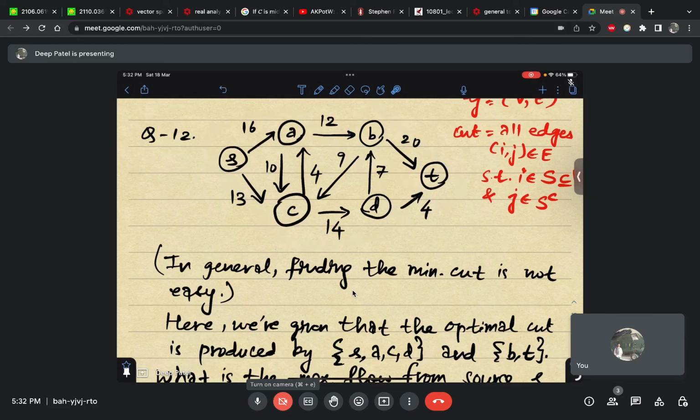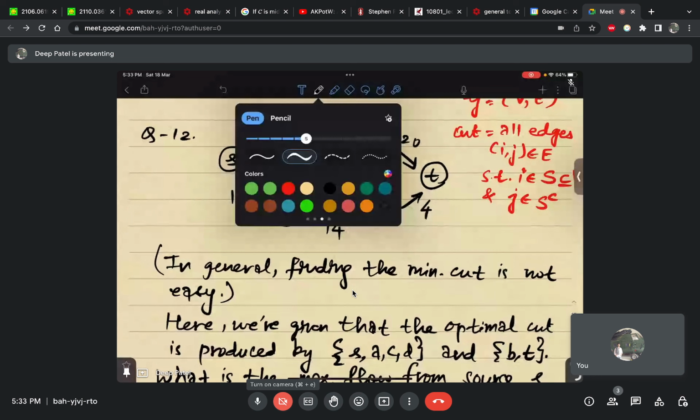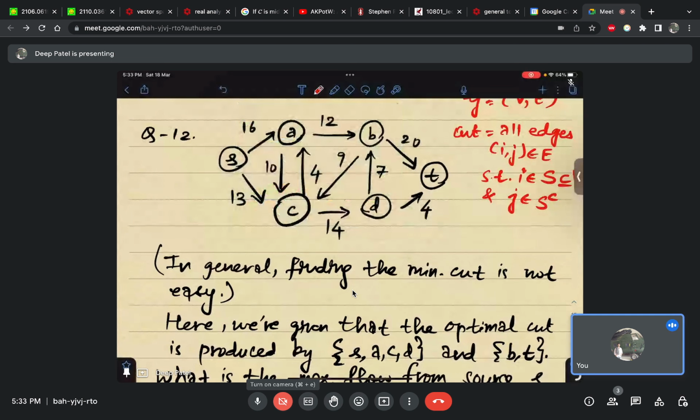So which edges would I want to cut? 12 on the top, right. It's better if you demarcate it, so I'll use red. So yeah, we can cut this.